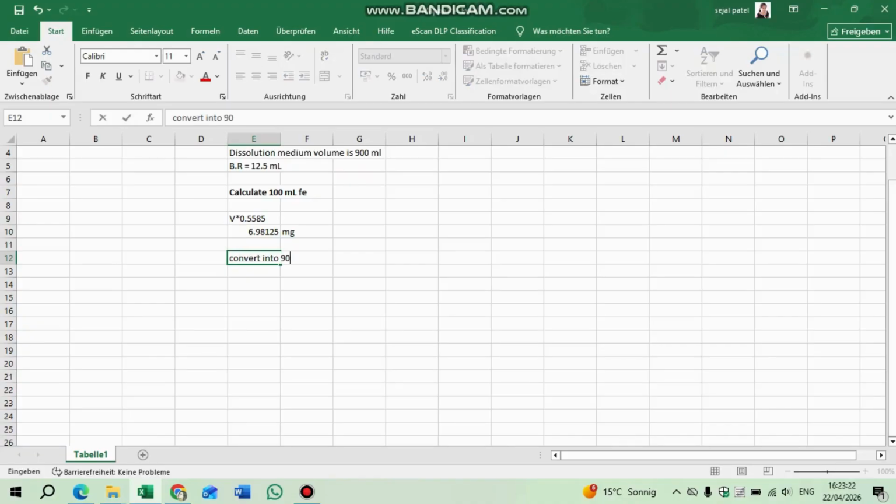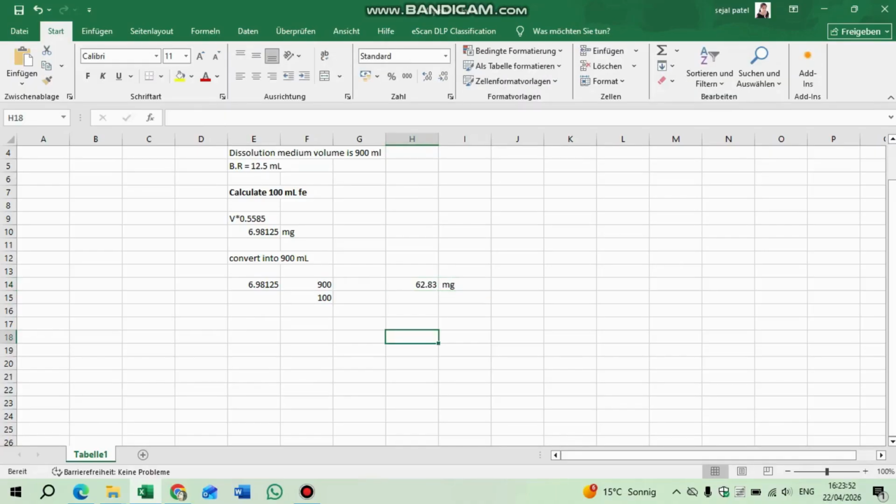So for 900 ml, we have to do 6.98125 into 900 upon 100. So it's 62.83 mg we receive in 900 ml.